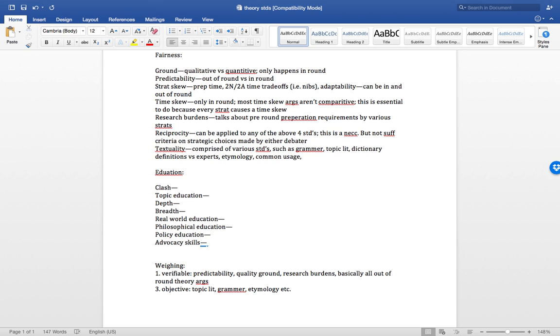Yeah. So the way you quantify topic education, the place it happens in debate is at the contention level. Okay. So strategies that incentivize clash at the contention level would probably increase topic education. Strategies that disincentivize clash at the contention level would probably hurt topic education.